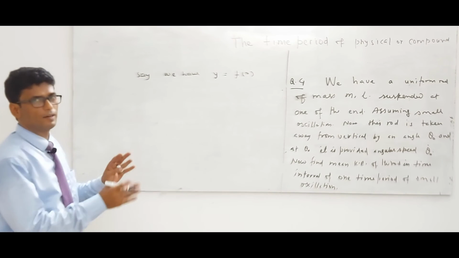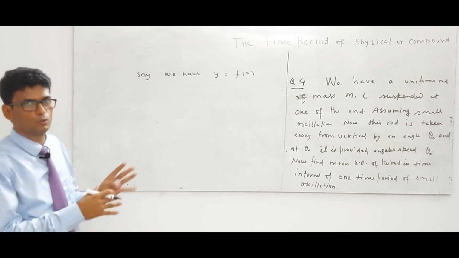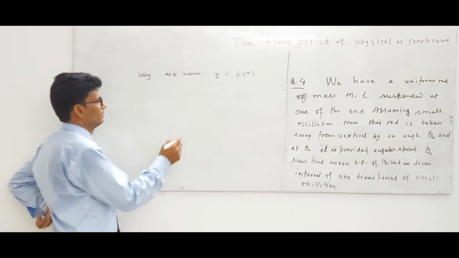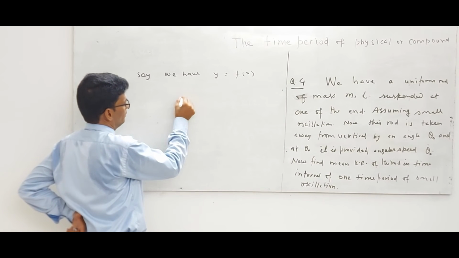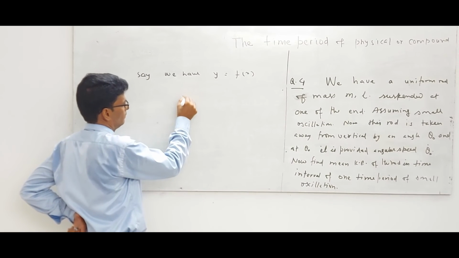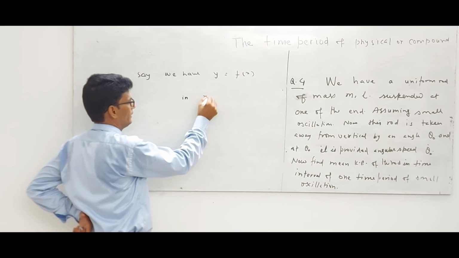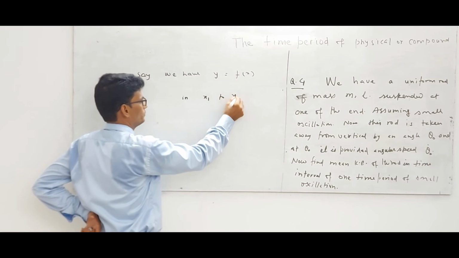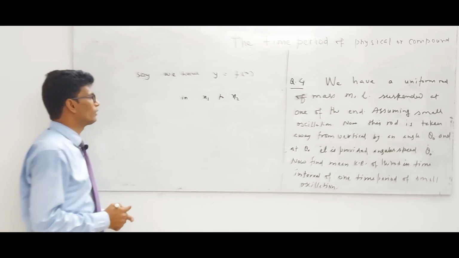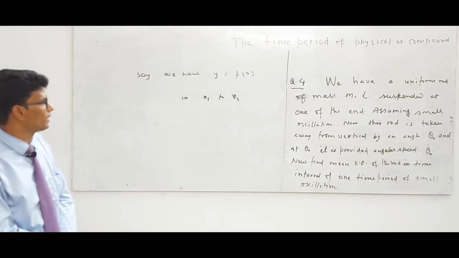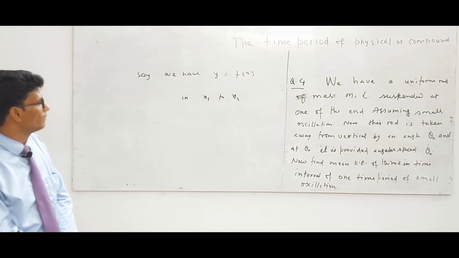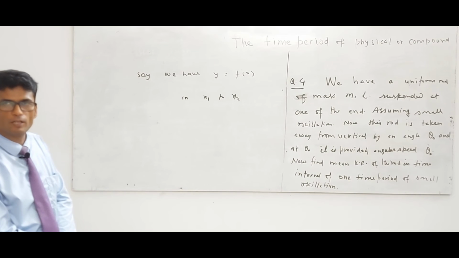We want to find the average value of y is equal to f of x in x1 to x2. That is, if the values of x vary from x1 to x2, then we have to find the average value of y is equal to f of x.